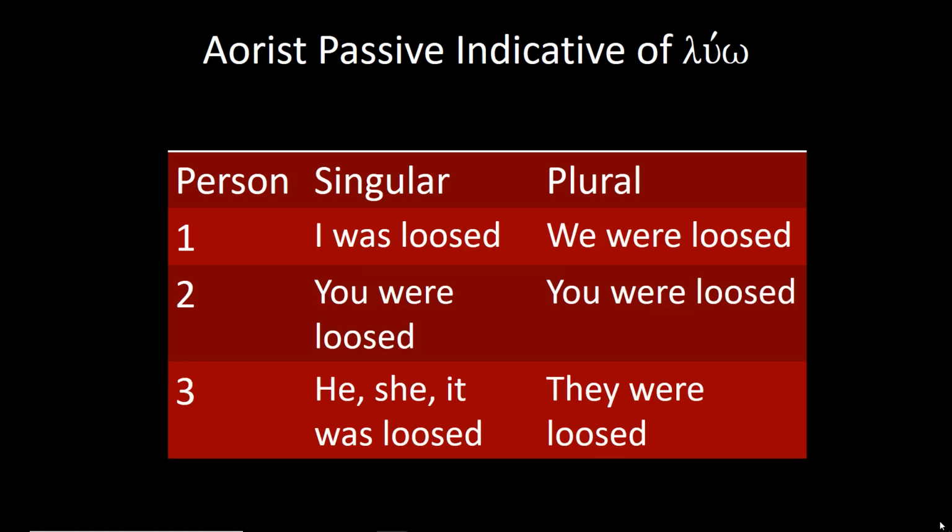The translation would be: I was loosed, you were loosed, he, she, or it was loosed, we were loosed, you were loosed, they were loosed. Remember, with a passive verb, the subject is acted upon, and the aorist passive tells us most of the time in the indicative mood this happened in the past.